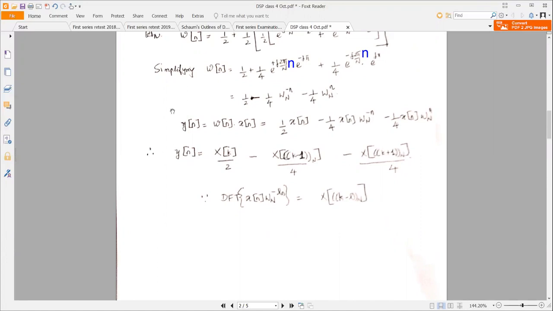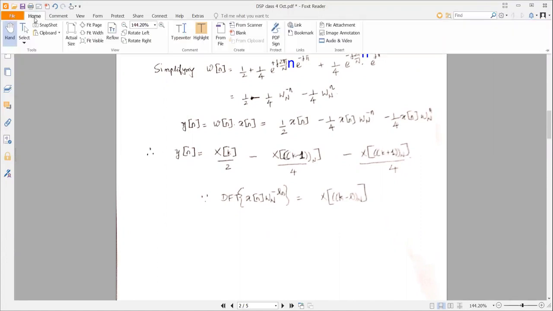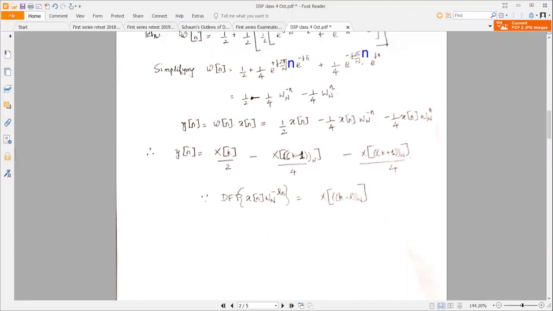So we have represented Y of k in terms of X of k, from the frequency shifting property.